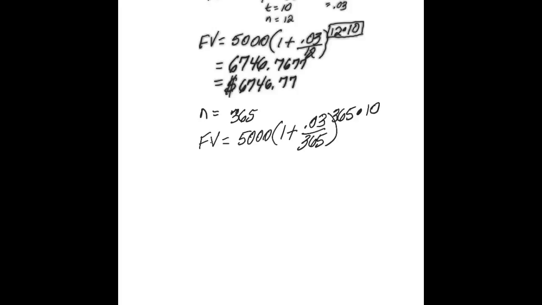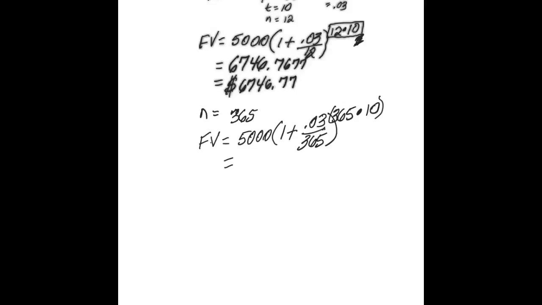And again, if you have the box, then you don't need parentheses. Otherwise, you would need parentheses around this. You do not need parentheses around the 0.03 divided by 365 because the calculator knows order of operation. And then you would calculate your value.